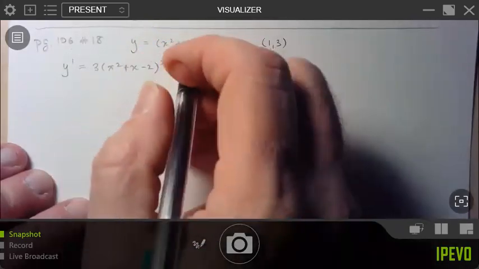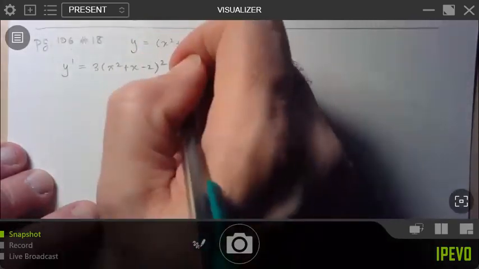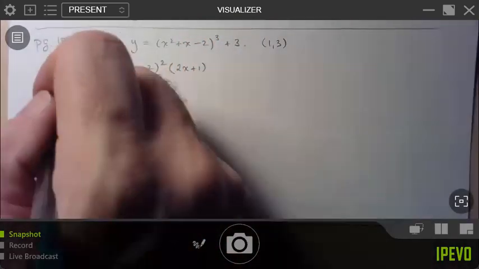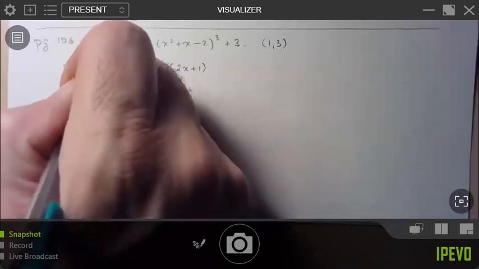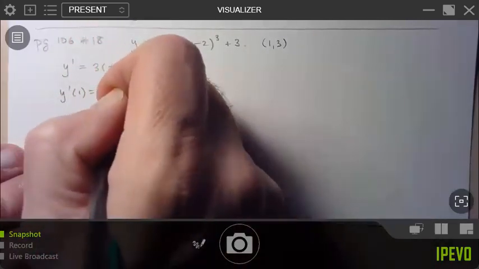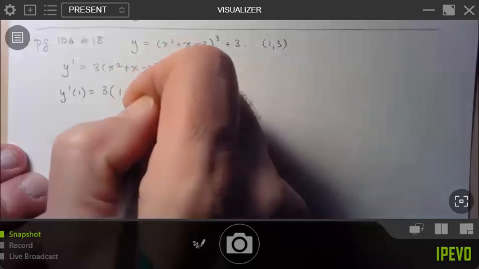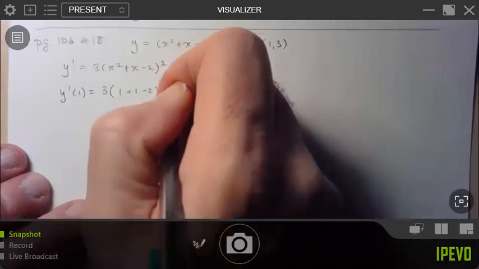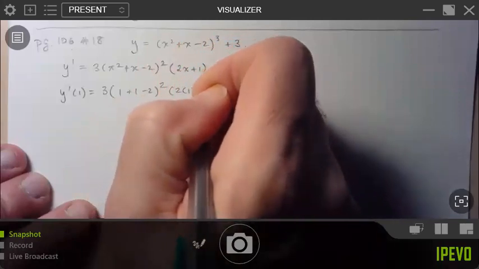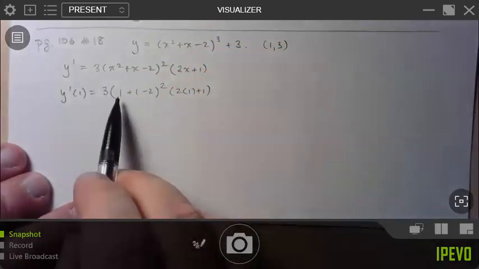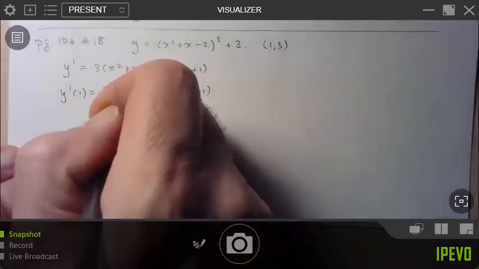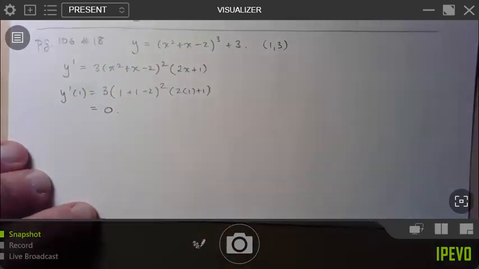And then times the derivative of u is just going to be 2x plus 1. Okay. So if I now input y prime at 1, what do we have? 3 times 1 squared plus 1 minus 2, squared, times 2 times 1 plus 1. And here, look what happens here. 1 plus 1 is 2, minus 2 is 0. So the whole thing is 0.